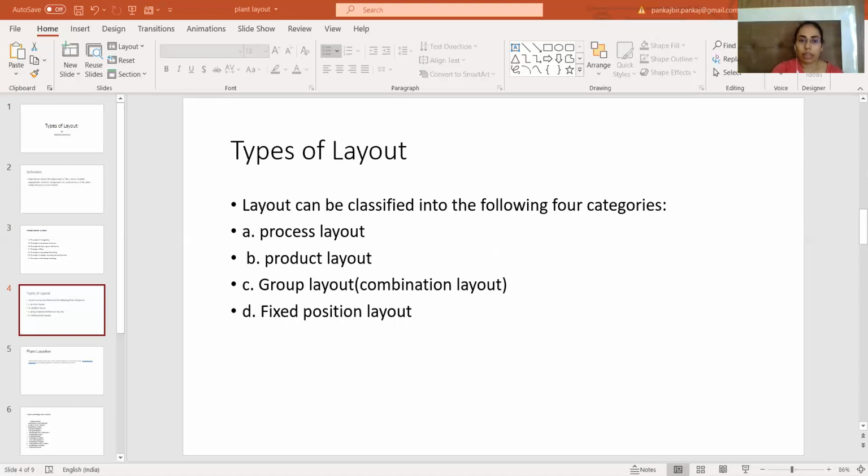We will take them up one by one. What is a process layout?